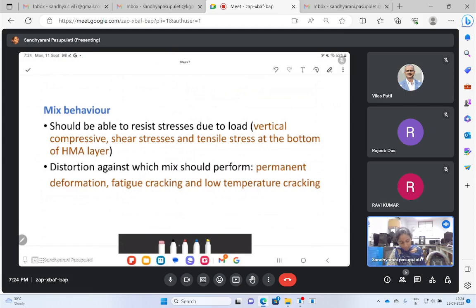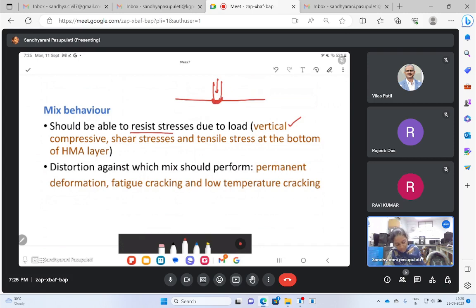So once we have the proper aggregates and also the good binder, this mix, the aggregate and binder mix, should be able to resist vertical compressive stresses. So if we have a pavement, when a vehicular load is coming from the top, the main thing is the vertical compressive stress. There will be a compression coming from the top.